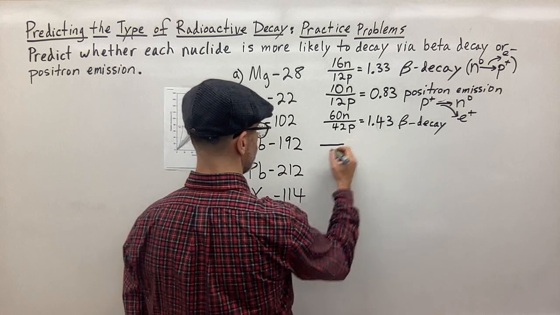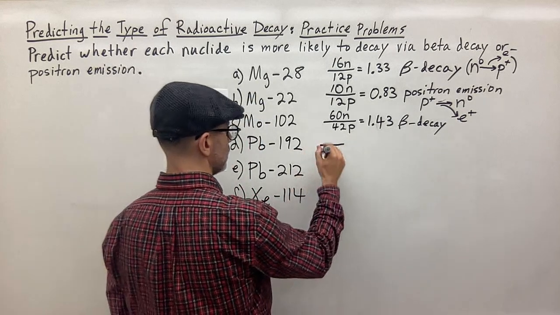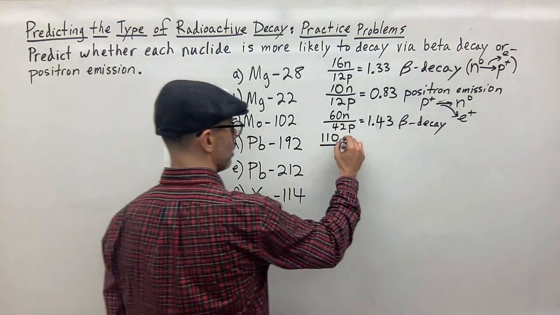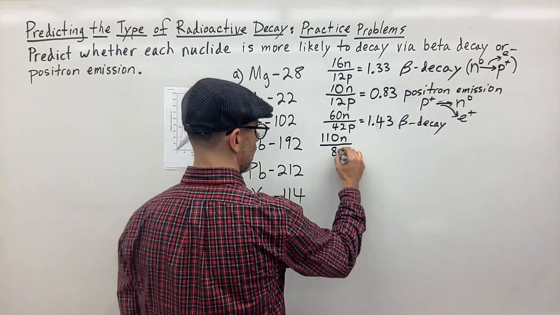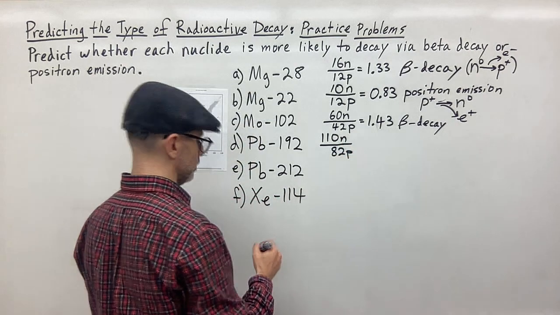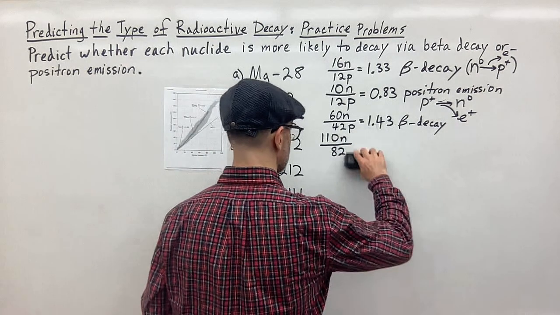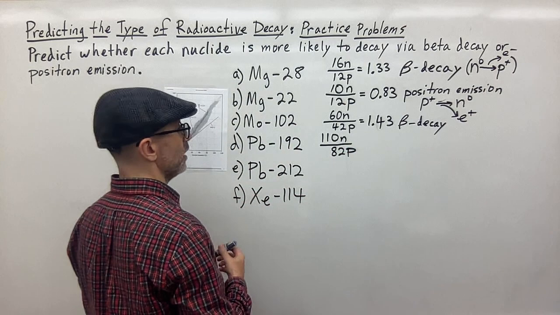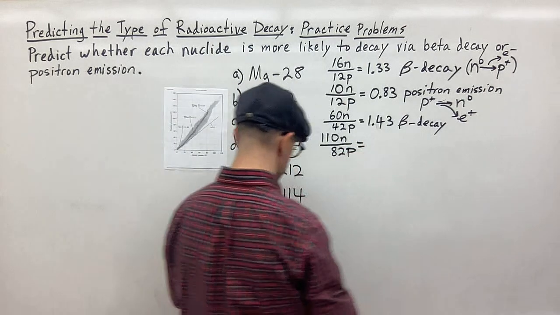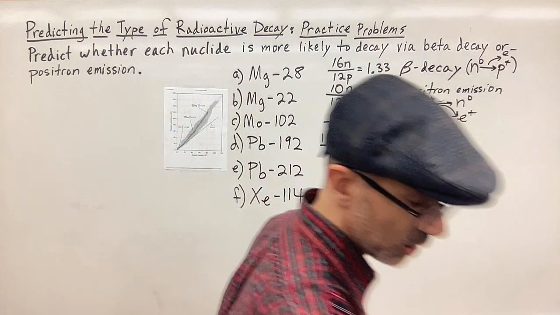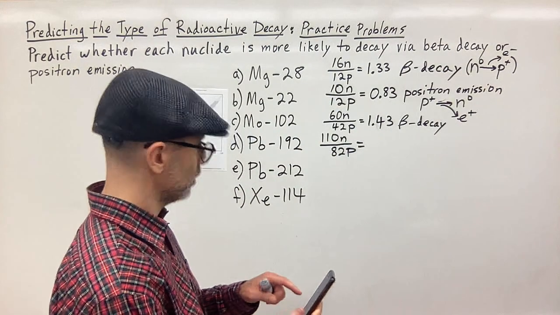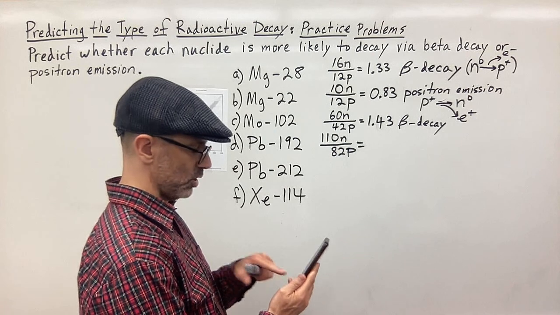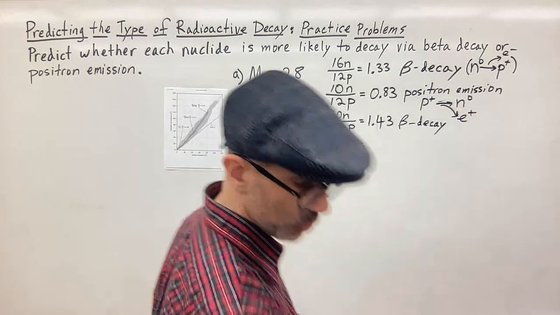And when we do that, we get 110 for the number of neutrons and 82 protons. So if we calculate this ratio, let me calculate the ratio really quick. 110 divided by 82 equals 1.34.